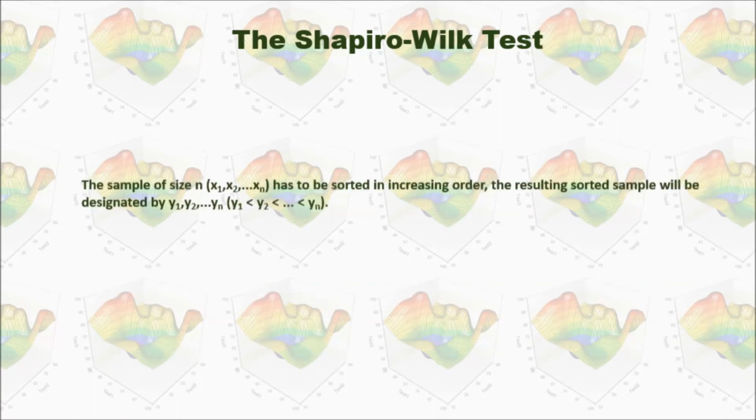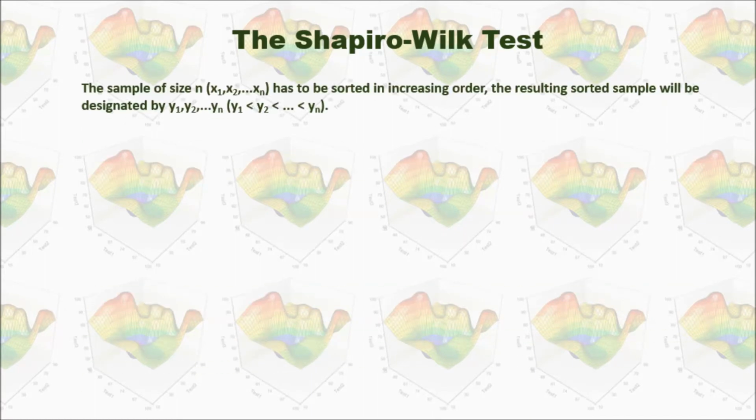Then what is the Shapiro-Wilk test? First, we have the sample data, say from x1, x2 to xn. Then we need to sort them in increasing order. The sorted sample will become y1, y2, to yn.